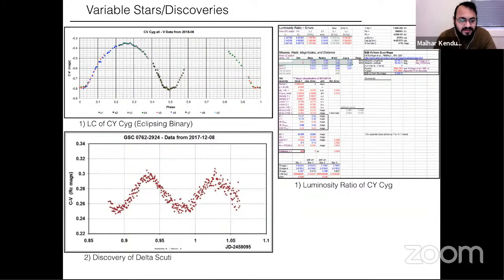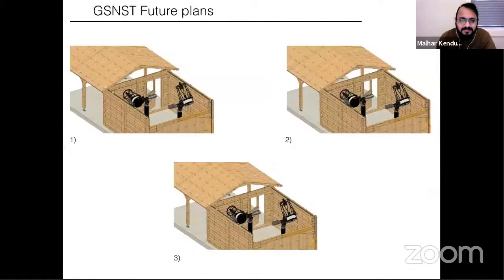The second one is a Delta Scuti candidate star, one of the discoveries out of 122. A Delta Scuti type star has a short period, here 0.029. We have discovered over 122 variable stars, and we still have to publish all those results.